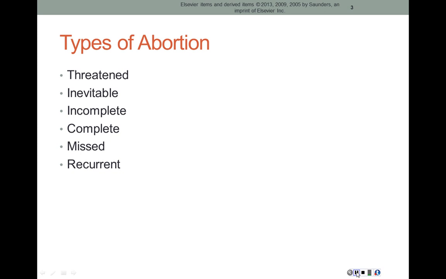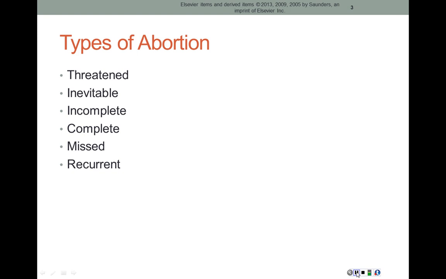And then recurrent just means that the female has had 3 or more spontaneous abortions. Usually there is some type of genetic chromosomal defect or a problem with the female's reproductive tract. Also, it may just be that there's a problem with the cervix, and the cervix isn't closing up tight enough to hold the fetus in the uterus.